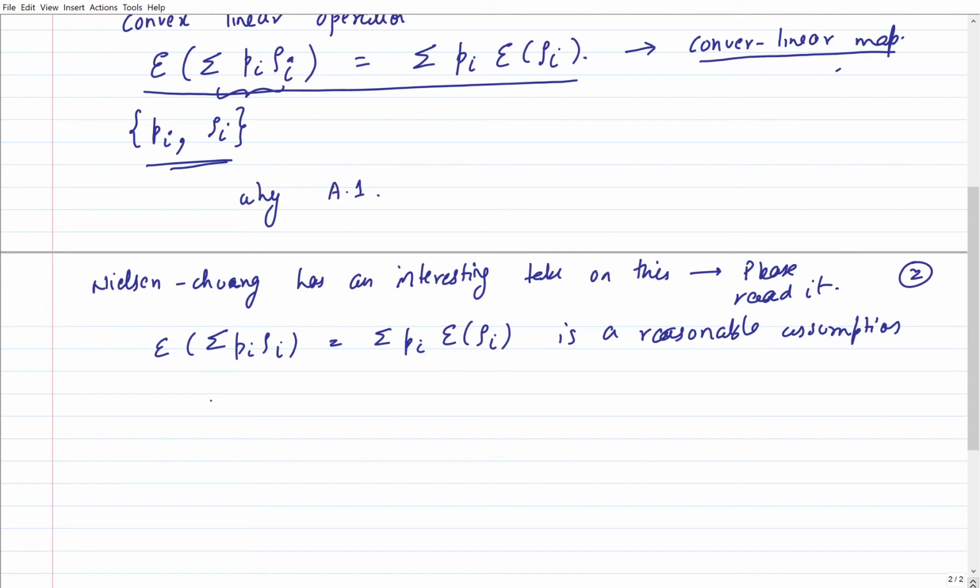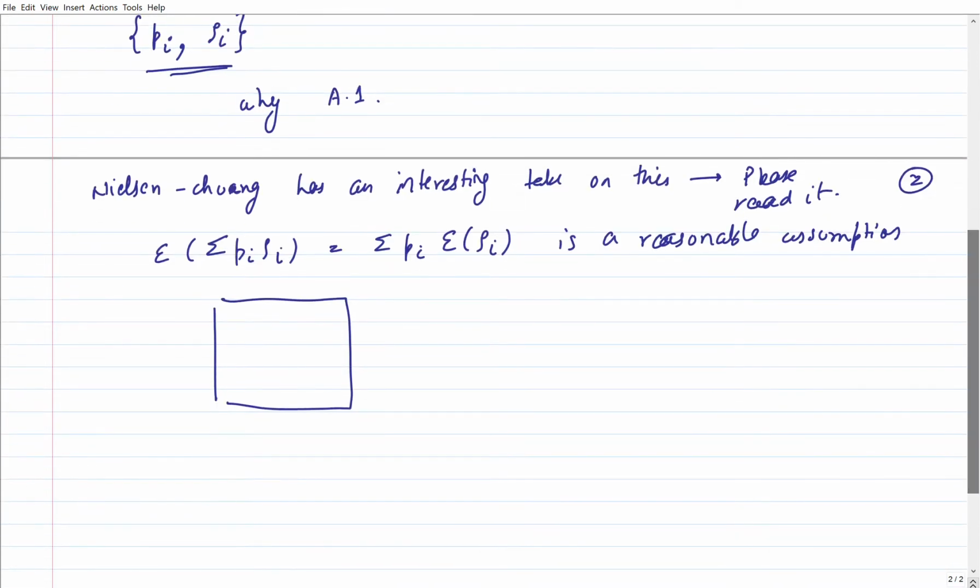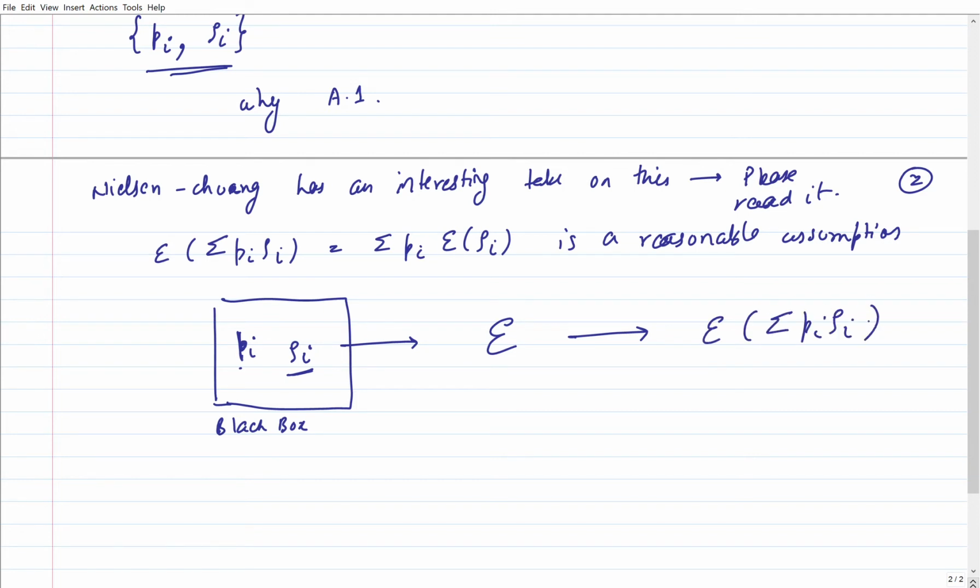So let's say I have a black box, and from this black box I've got the constituents, the rho i's, and someone is giving me a state rho i with probability p_i, and then it goes to my quantum operation, and then I have the final output. So my final output is going to be this.